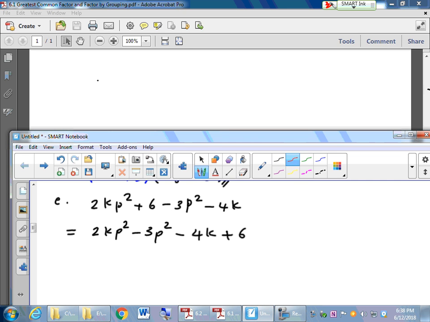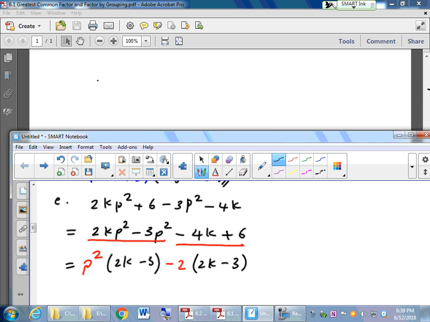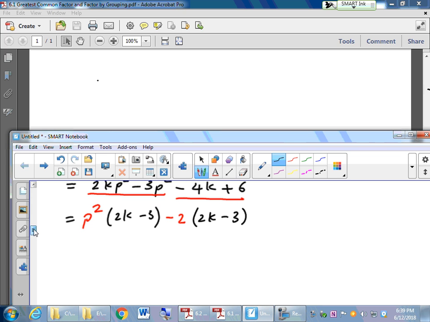Now we group the first two terms and the last two terms. From the first two terms, the greatest common factor is p squared, which will leave 2k minus 3. From the second group, the greatest common factor is negative 2, so that will leave 2k minus 3, because when you factor out a negative, the signs change also.